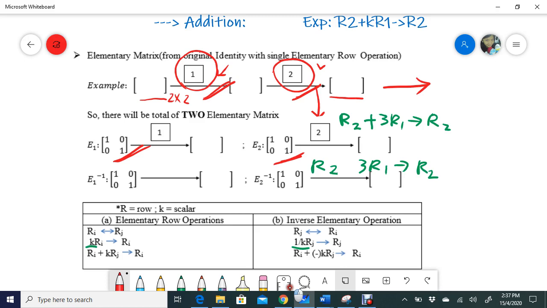Based on this example, your answer will be E2E1A, because you have 2 elementary matrices involved, multiplied with your A. Do remember, E2 starts first, then E1, and so on. If you have 3 elementary matrices, you have E3, E2, then E1A. I hope you can understand this. Okay, thank you.